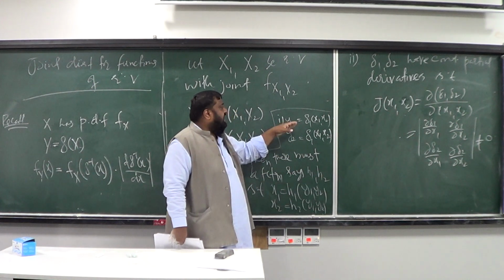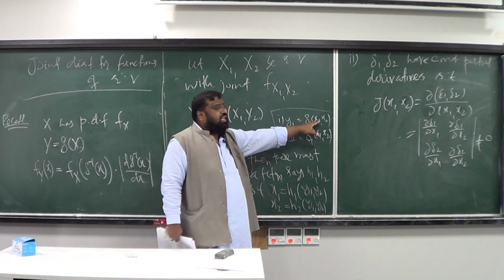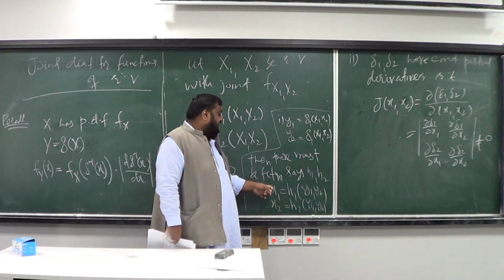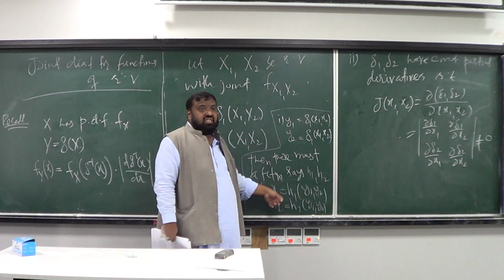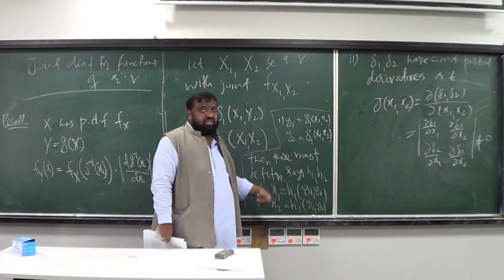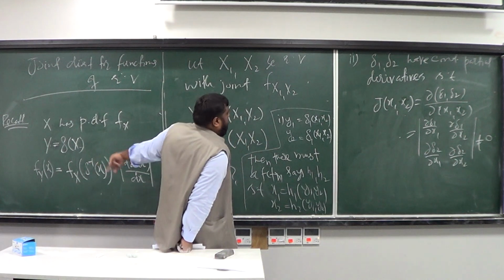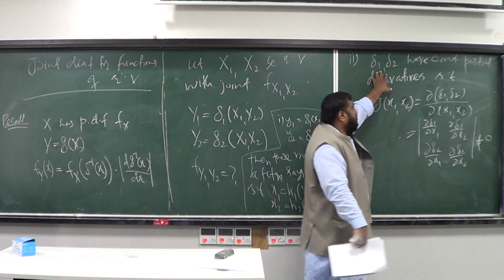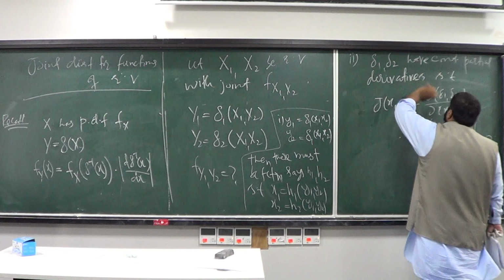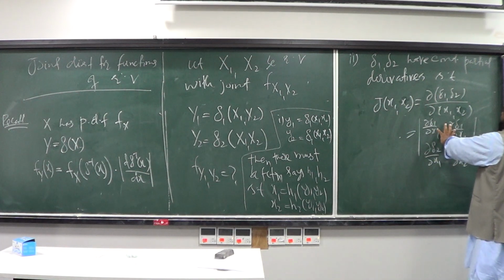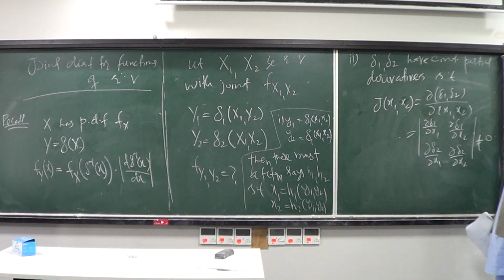In other words, as y1 and y2 are expressed in terms of x1, x2, similarly x1 and x2 can be written in terms of y1, y2 using some functions h1 and h2. Second condition, like in one dimension, is that g1 and g2 should have continuous partial derivatives, and this determinant, which is the Jacobian, should be non-zero.